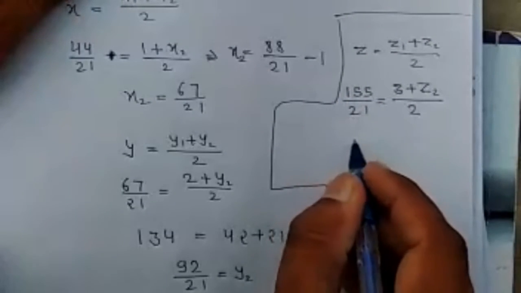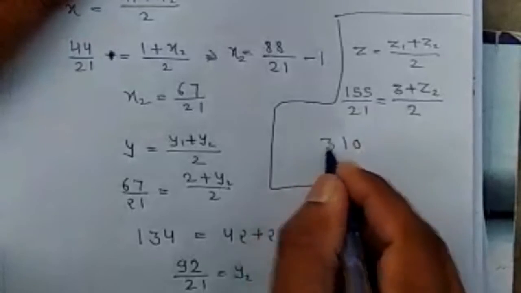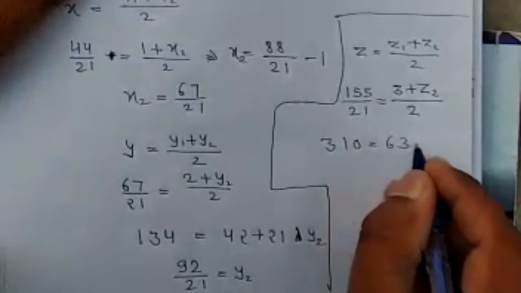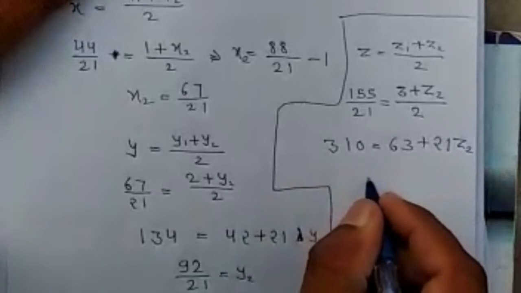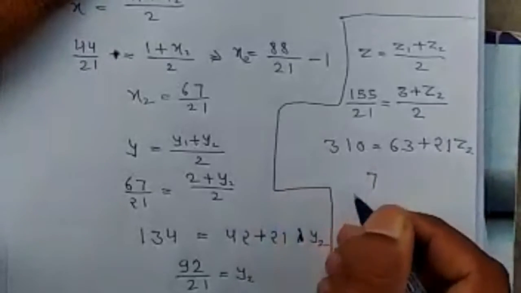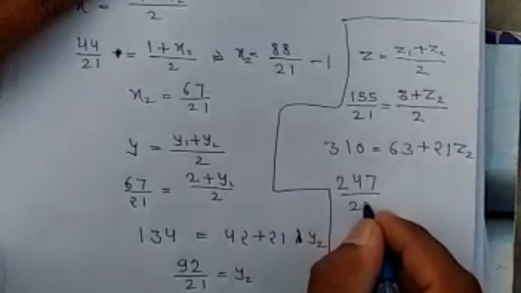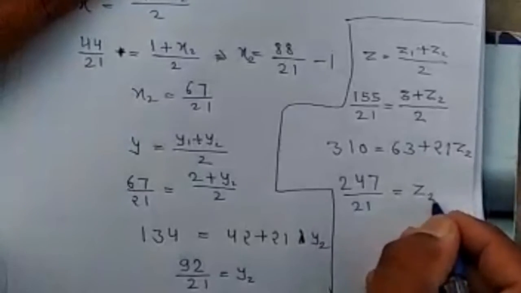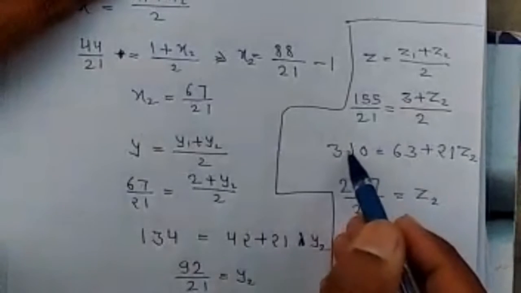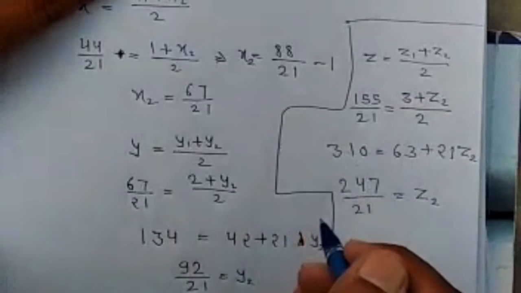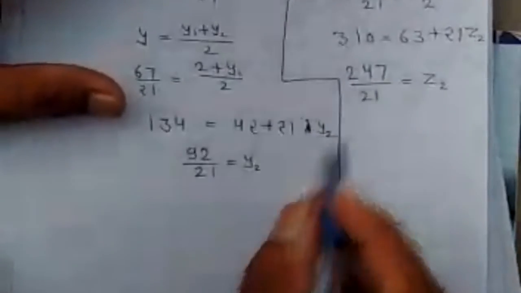Then we get z2, and it is the coordinate of x2, y2, z2.